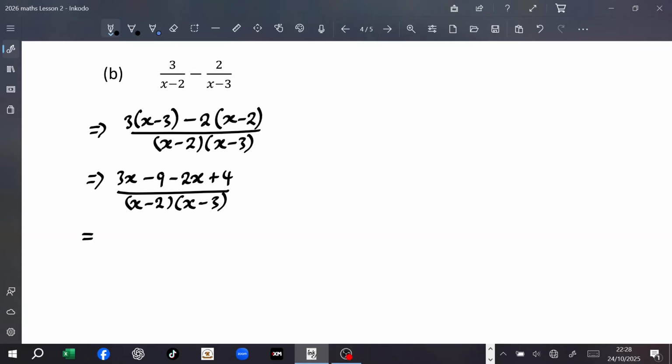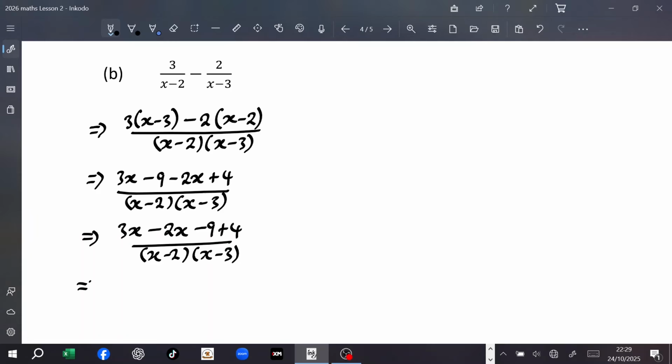Then you say, okay, this implies that you collect like terms. Let me write properly. You say 3x minus 2x, then you say 9 plus 4, over x minus 2, then x minus 3.